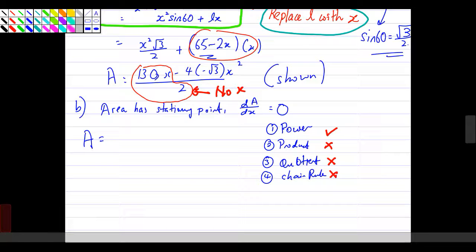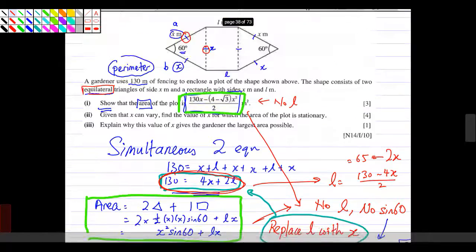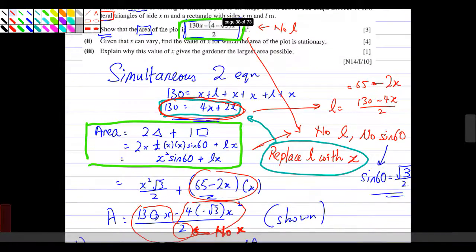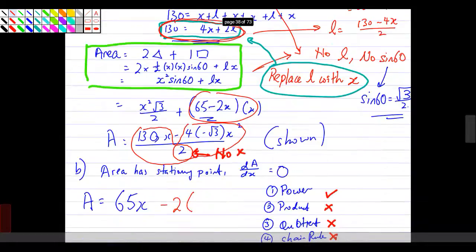Now, cannot times 2, times 2 again wrong. So this one, if I divide this one will be 65x. For splitting the denominator, this one will be minus 2 times of, I missed out something. 4 minus, oh, the 4 is here.